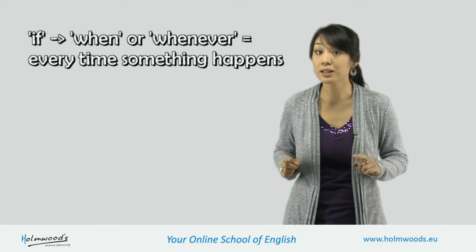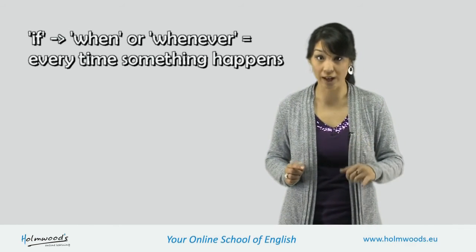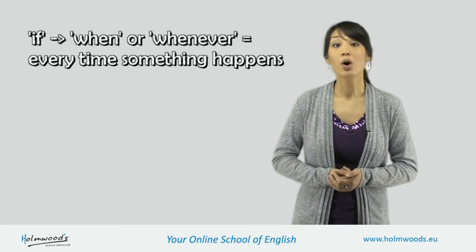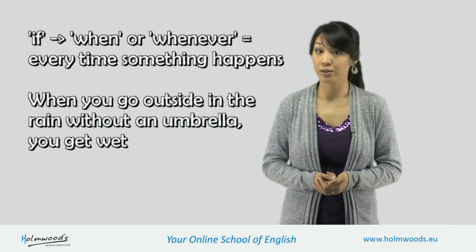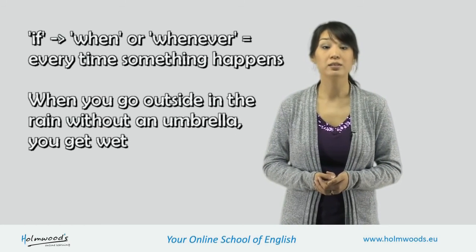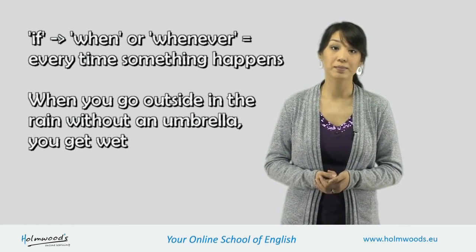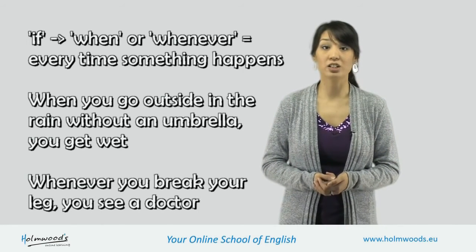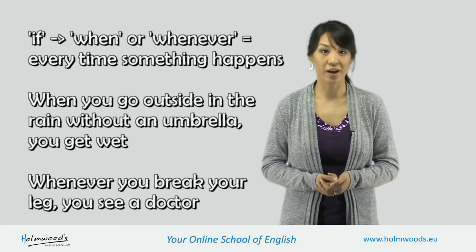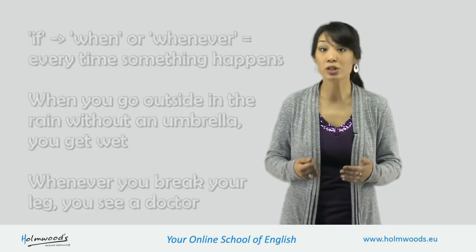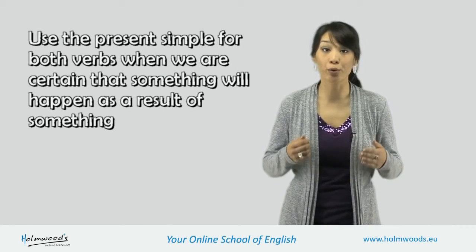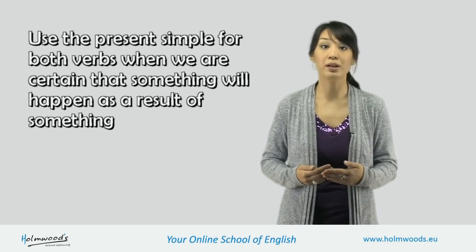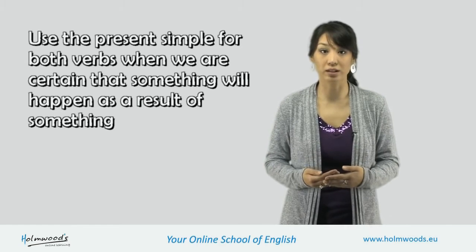Here are the same examples, but with when and whenever. When you go outside in the rain without an umbrella, you get wet. Whenever you break your leg, you see a doctor. Okay, so we use the present simple for both verbs when we're certain that something will happen as a result of something.